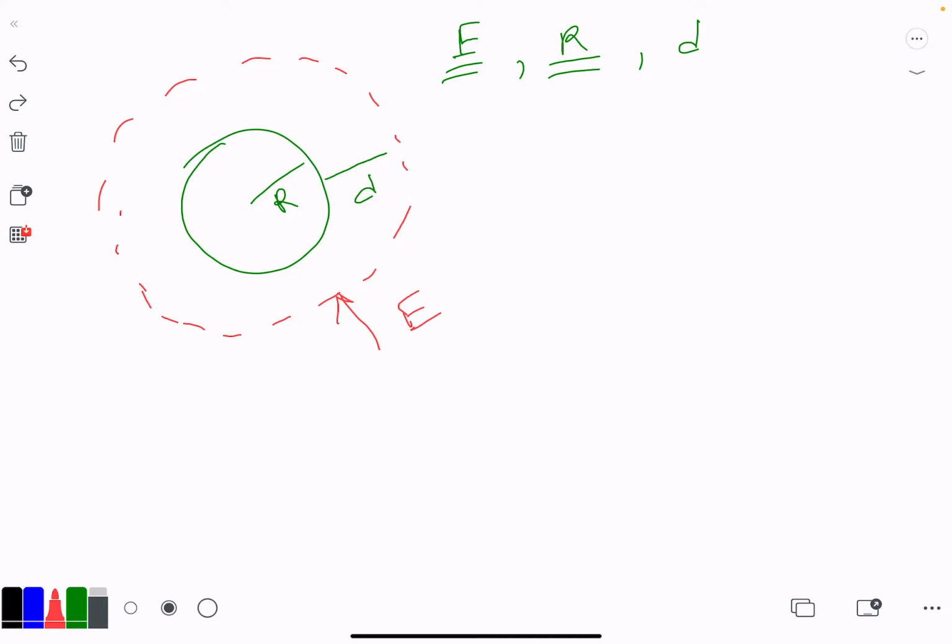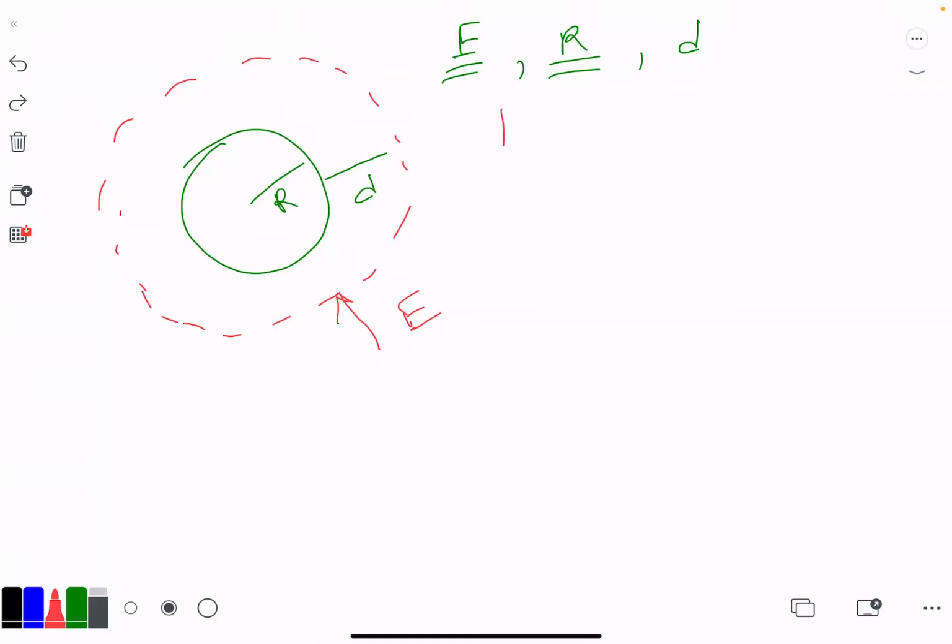Electric field is given. So we have a Gaussian surface, which is the area of this sphere, right? Imaginary sphere of the Gaussian surface.